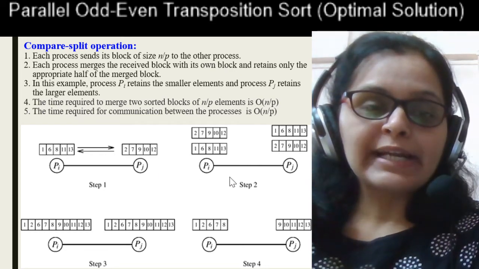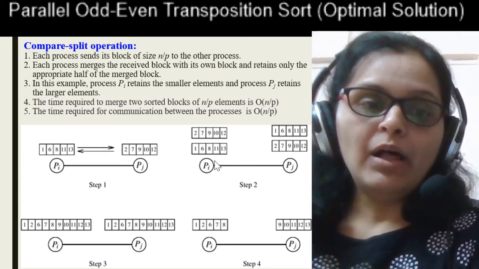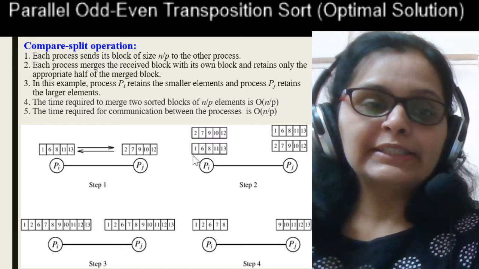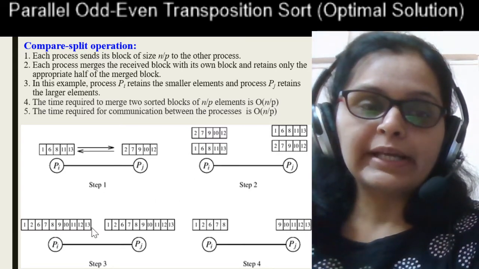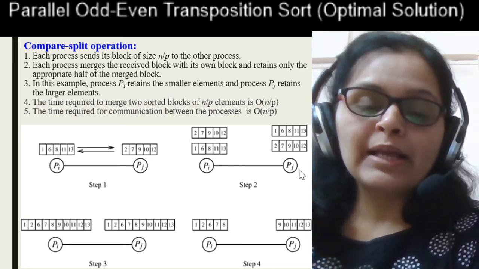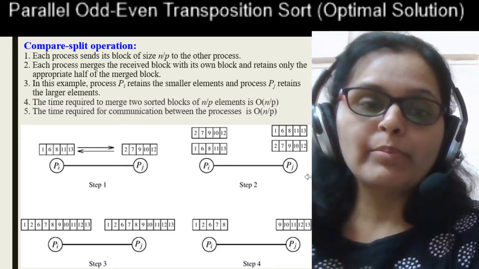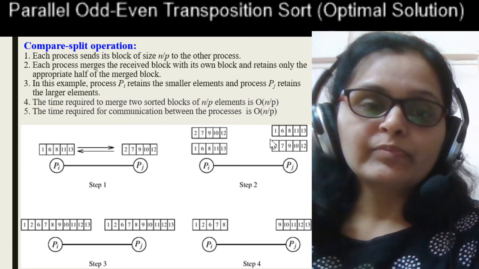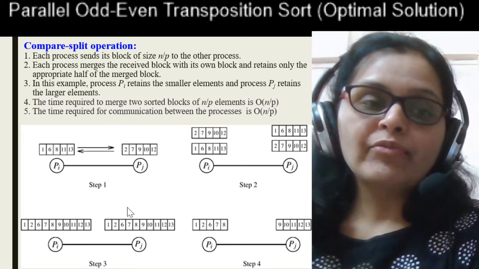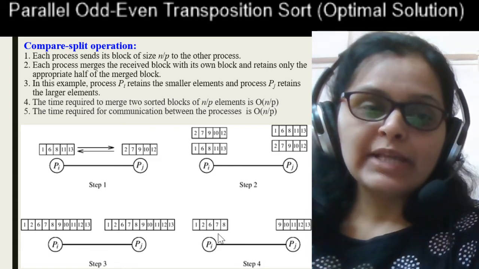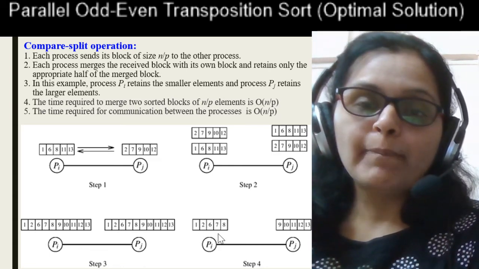After the second step, let us say Pi merges these two blocks, and again it is having the full sorted array, and in the similar manner Pj also merges the two blocks, and again it is having the full sorted array. And after that, each process will retain the appropriate half.